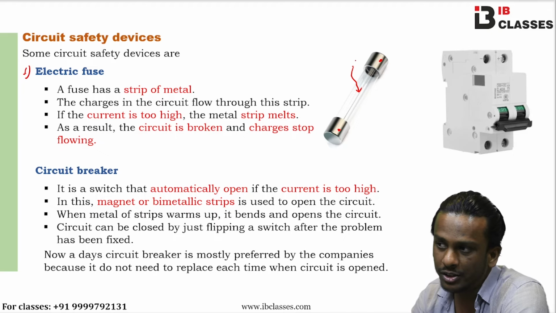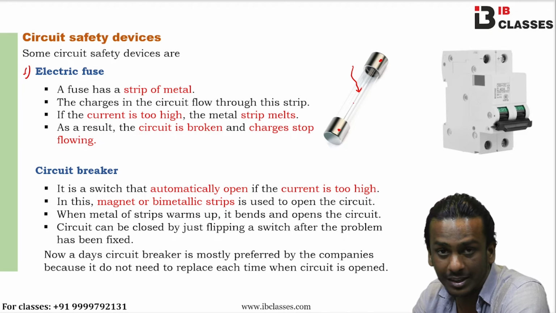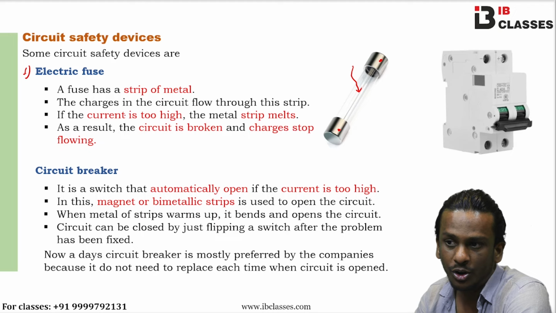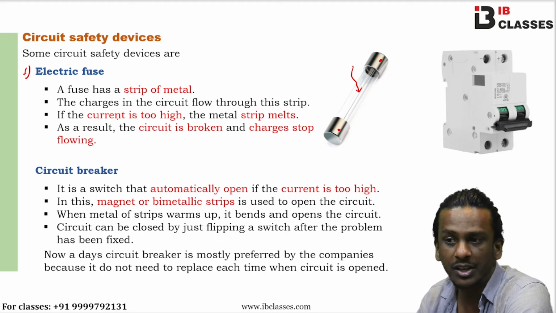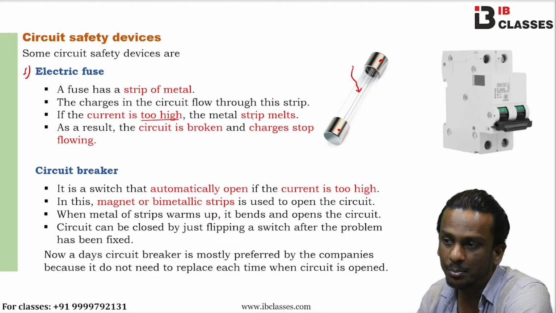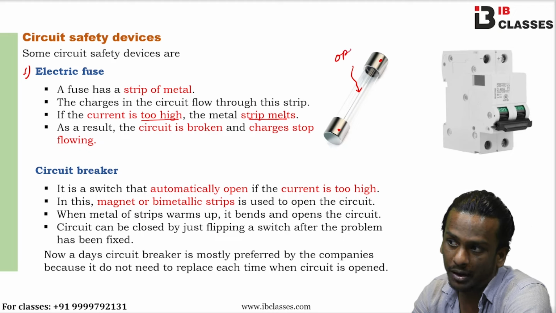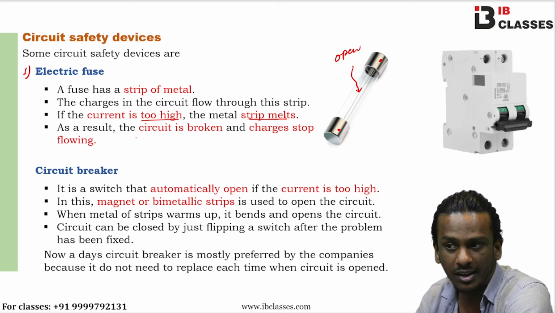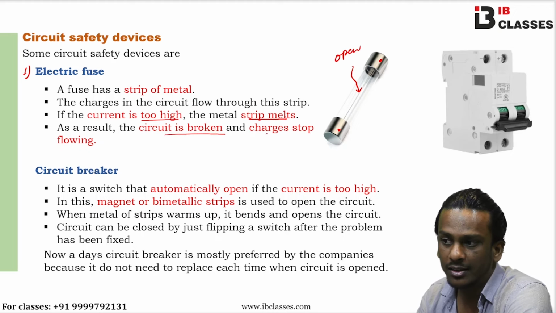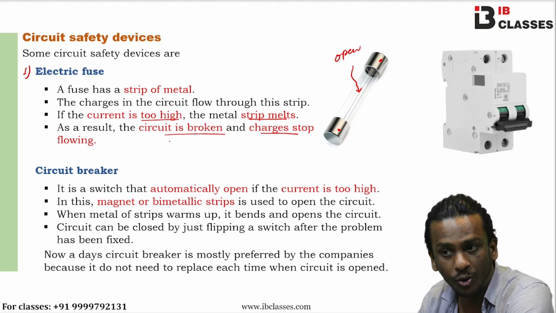Now the melting point of this material is very low. So when the charges in the circuit flow through this strip, if the current is too high, the metal strip melts. That's why your circuit becomes open. Hence, as a result, the circuit is broken and the charges stop flowing.